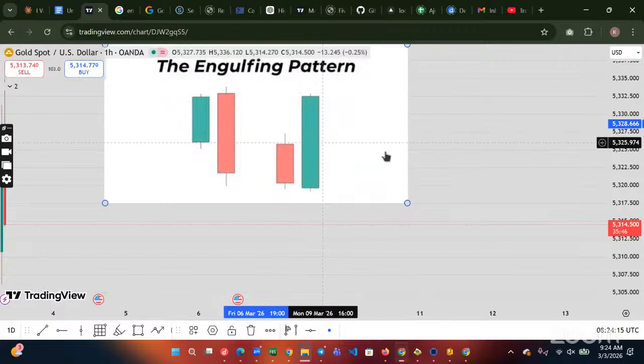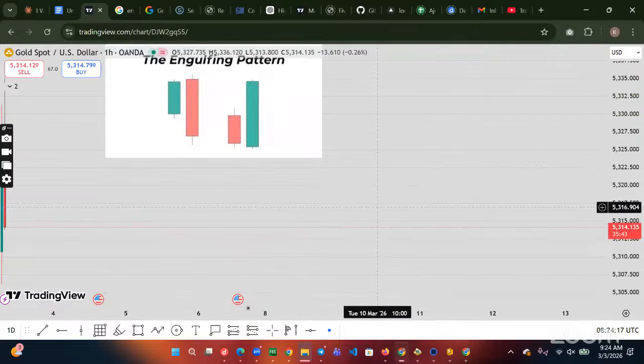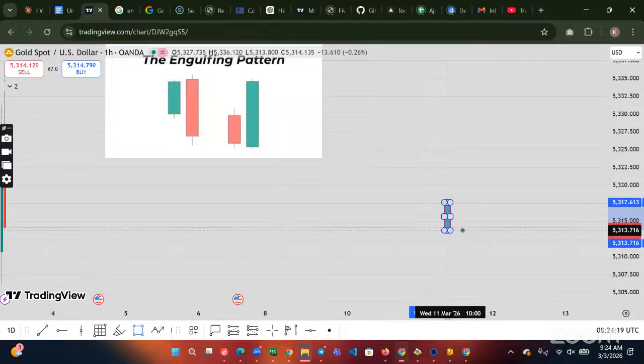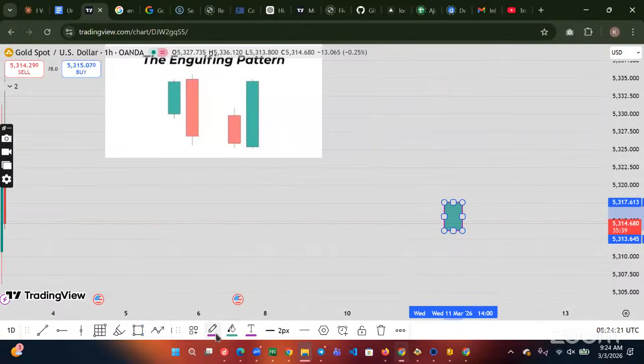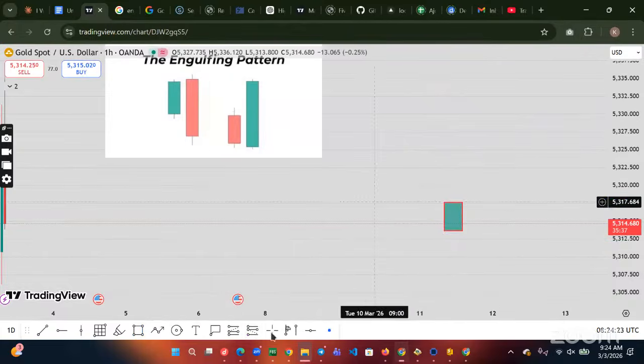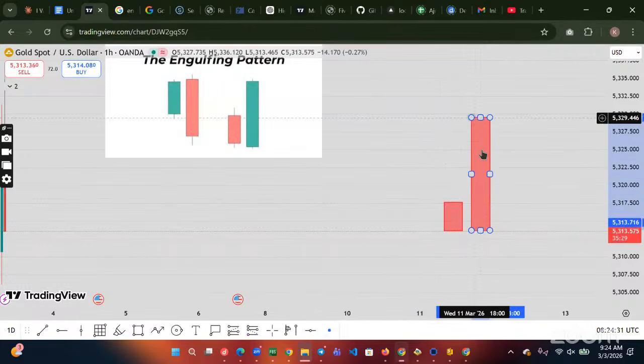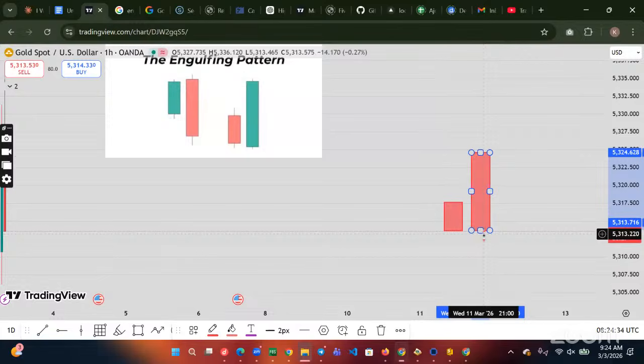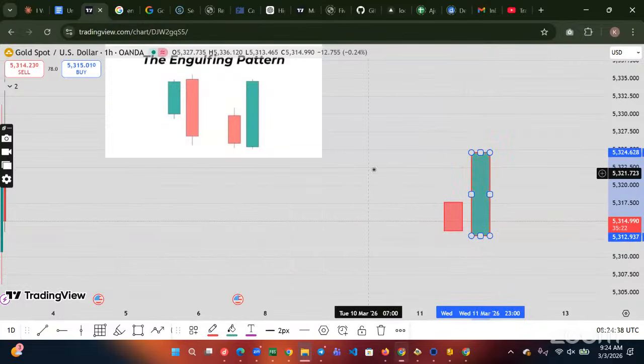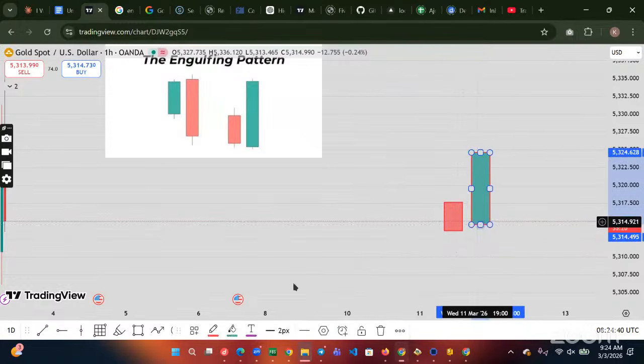For a bullish engulfing, you have a red candle like this, and then you have an engulfing candle. When you hear the word engulf, it is something that totally covers the previous candle, the close of the body.